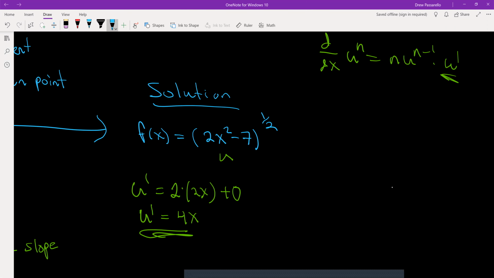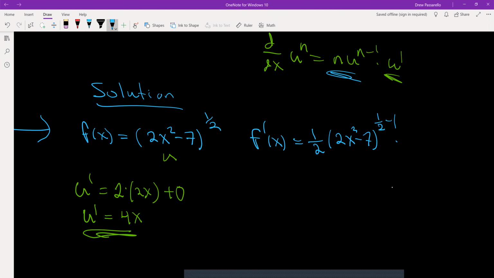All right, so f prime of x. Right now I'm applying this relationship. I have the power part of it, so I drop down the 1/2. So it'd be 1/2 times 2x squared minus 7 raised to the 1/2 minus 1. Now I multiply that by the derivative of the inside function, u prime, which was 4x.